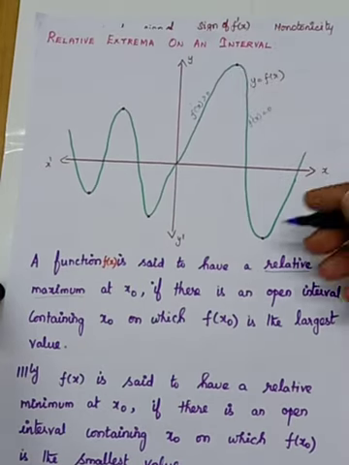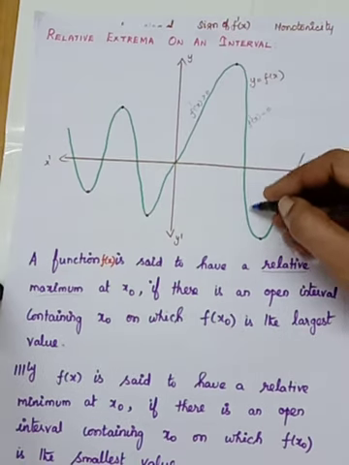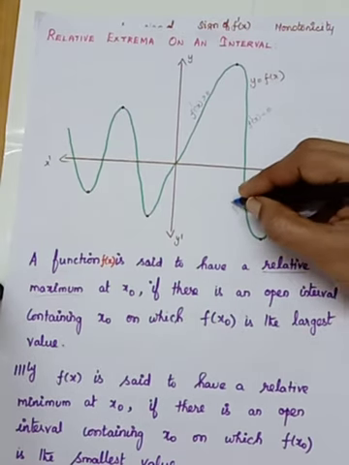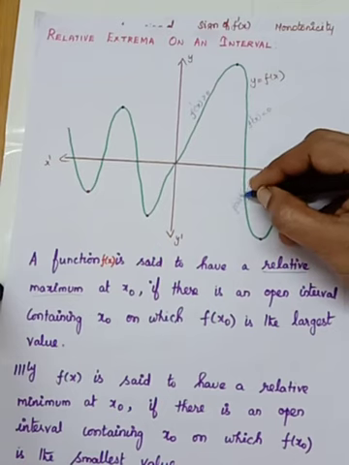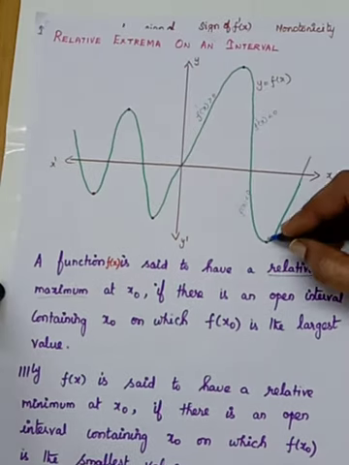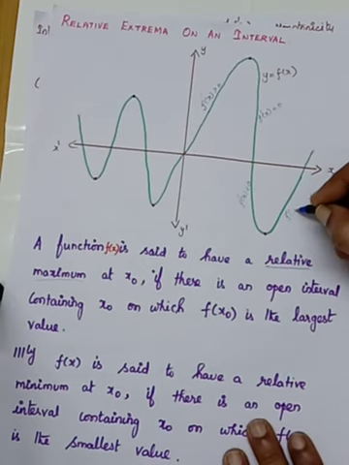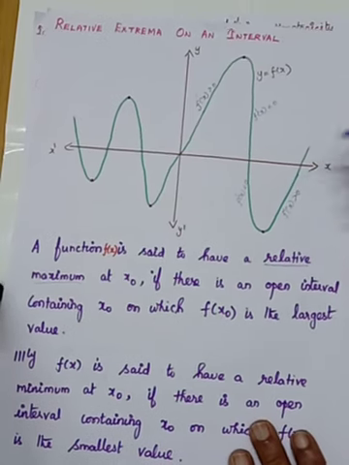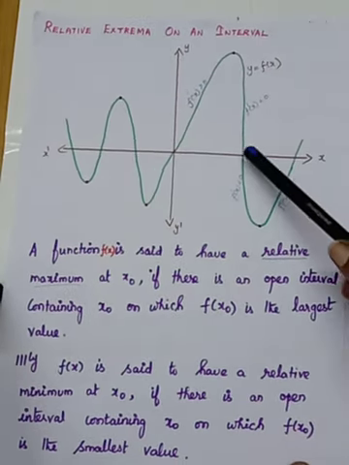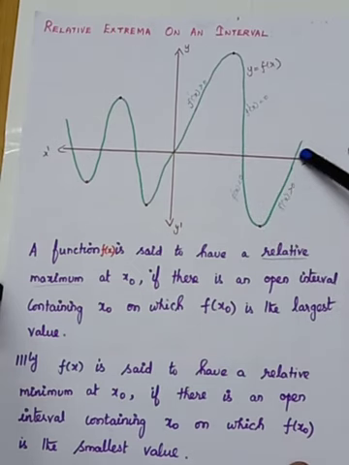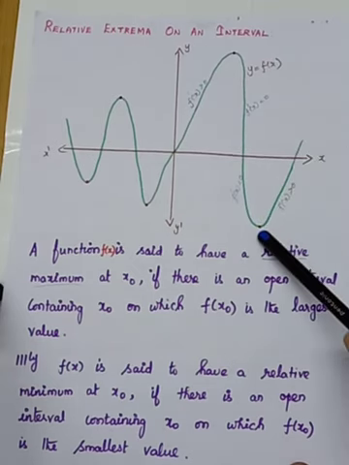Come now, for example, here it's a decreasing function, so your f dash of x is less than 0. And here it is increasing, so your f dash of x is greater than 0, isn't it? So here, when it goes from negative to positive, you will get a minimum point. You see that?